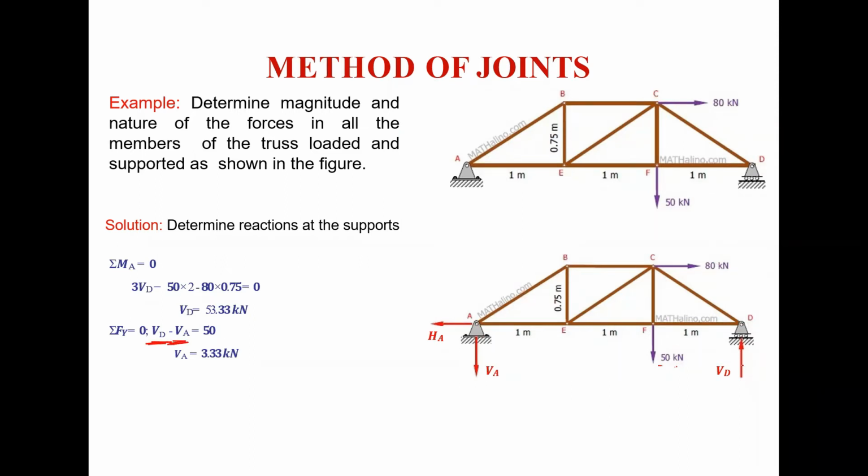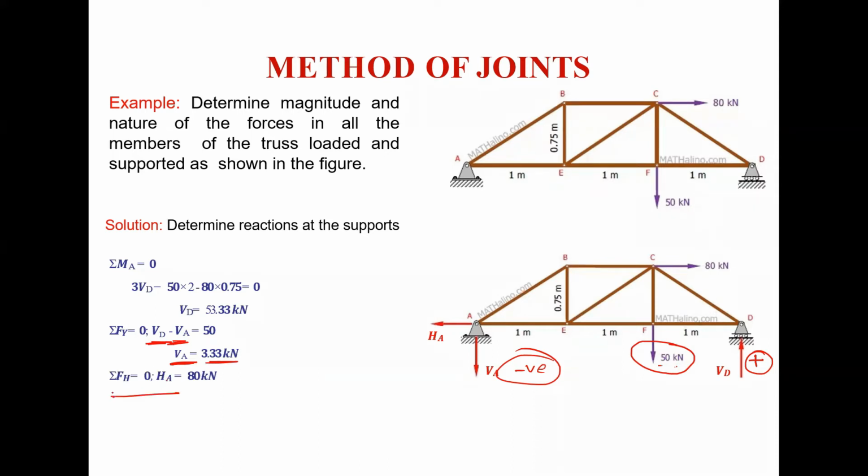VD is acting vertically upward, so this we have considered positive, and VA is acting downward, so let's consider it negative. So VD minus VA, these two are reaction forces, and they should be equal to this external force 50 kilonewton. So VD minus VA will be equal to 50, and VA will come out to be 3.33 kilonewton.